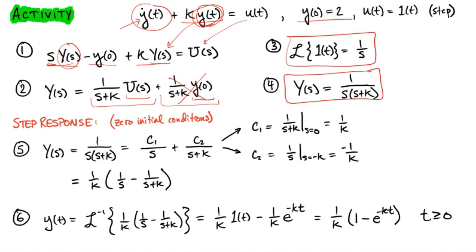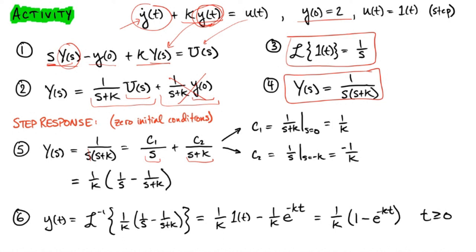That's not in my table, so I need to use partial fraction expansion in order to separate this into a term for s and a term for s plus k, because each of those could be in my table. Solving for my coefficients, I'm going to multiply by s to get rid of this term, and then evaluate at s equal to 0.